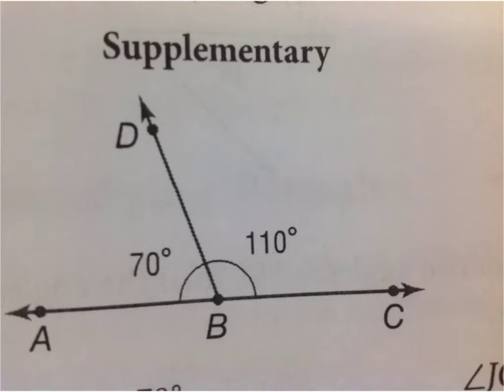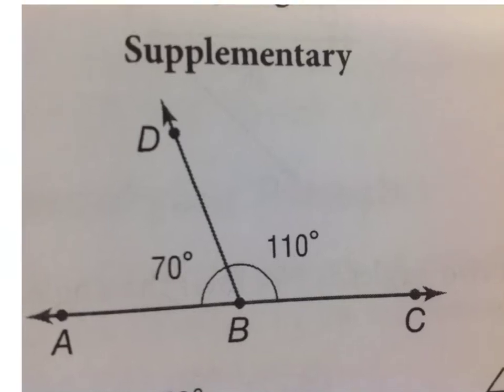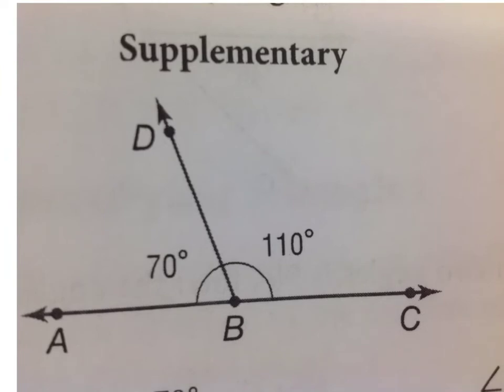Another important term today is the idea of supplementary angles. Supplementary angles are two or more angles that add up to a straight line. Two angles. So we have 110 degrees right here, and then this angle is 70 degrees. So we could also think of this, we know, is obtuse from our work on the slide previously, and this is acute.